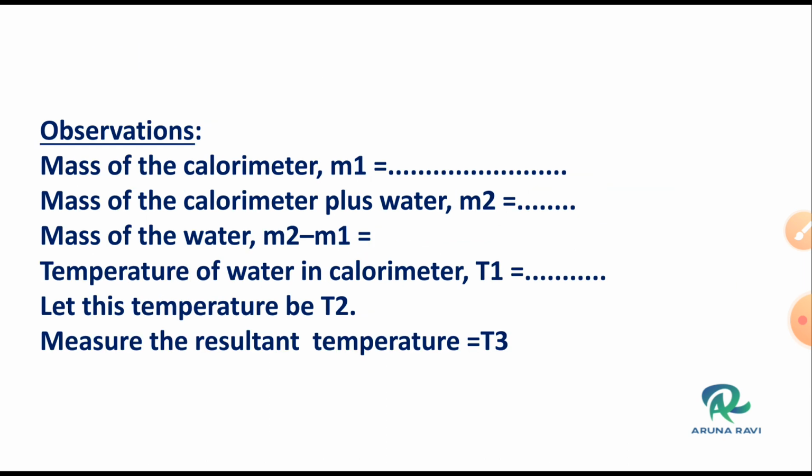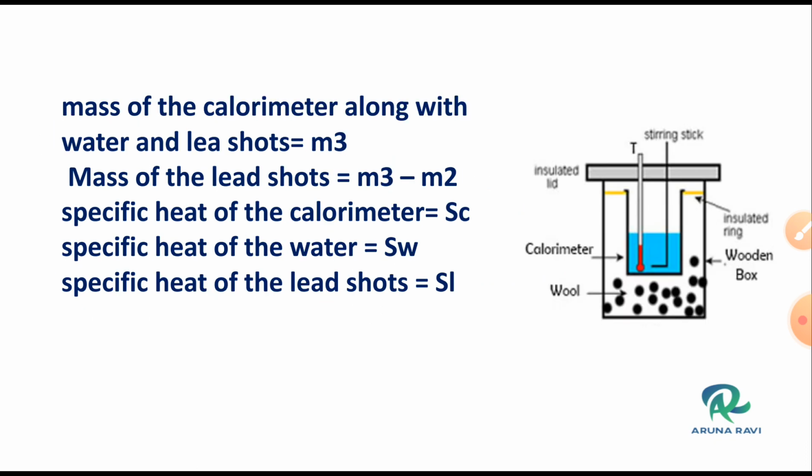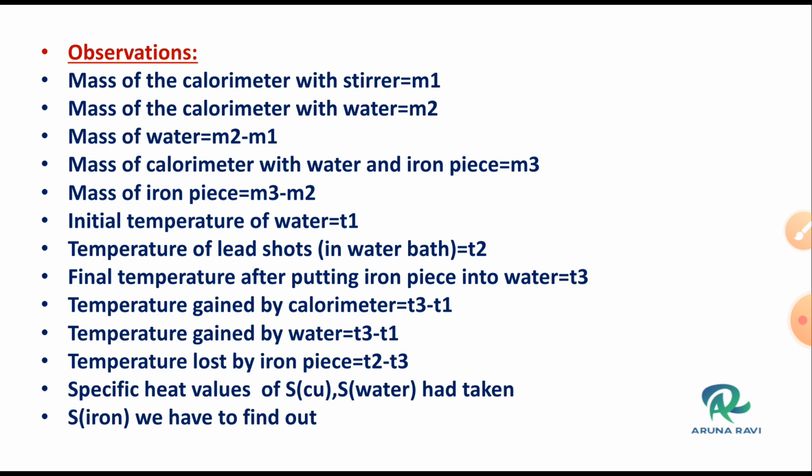And observations: mass of the calorimeter M1, mass of the calorimeter plus water M2, mass of the water, temperature of water in the calorimeter, temperature of the iron bolt or lead shots, and the final temperature. Likewise, mass of the lead shots M3 minus M2, specific heat of the calorimeter SC, of water SW, and specific heat of lead shots, here taken as SL. We have to find out the specific heat of lead shots, and we have to draw the diagram also.